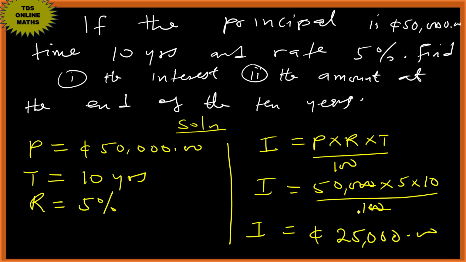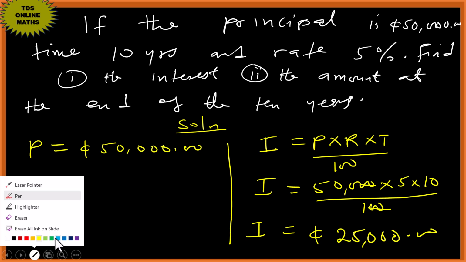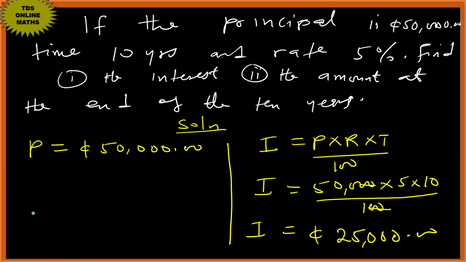Let's find the B part. The B part is the total amount at the end of the 10 years. Remember, the amount is simply principal plus the interest.